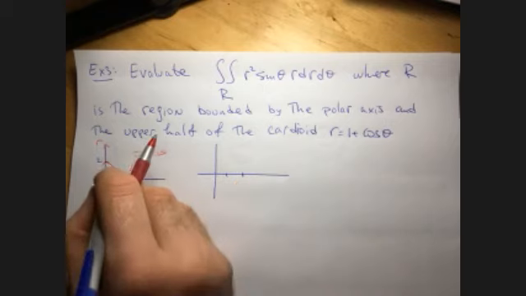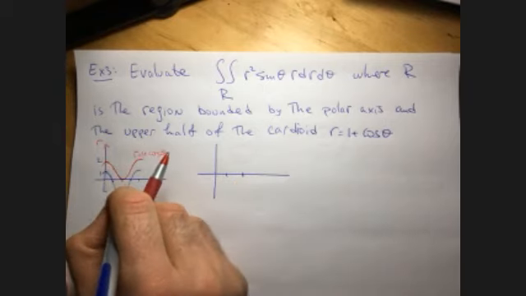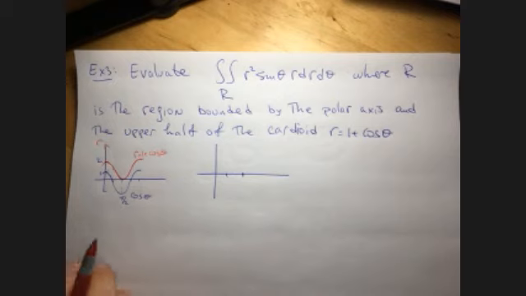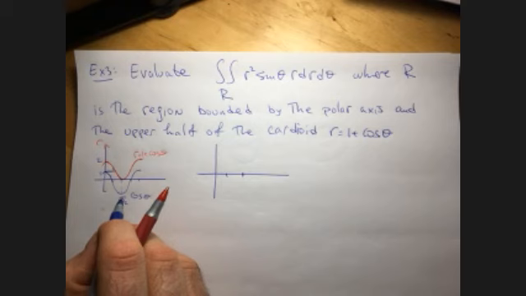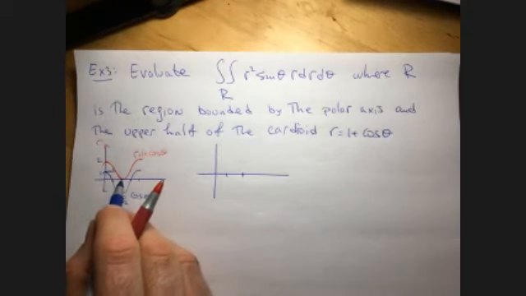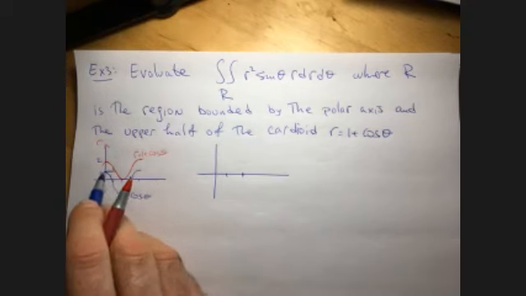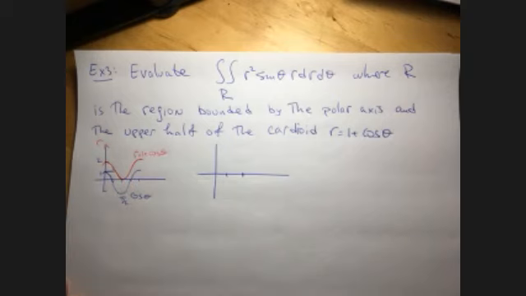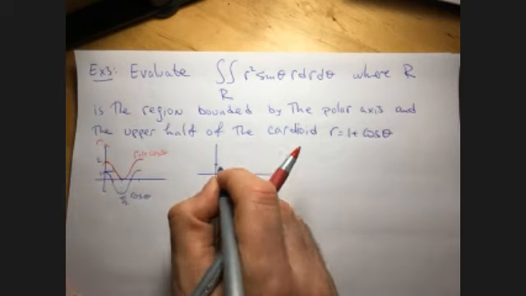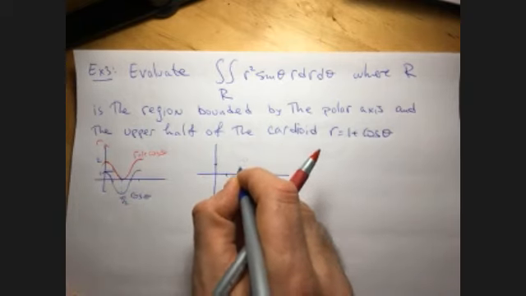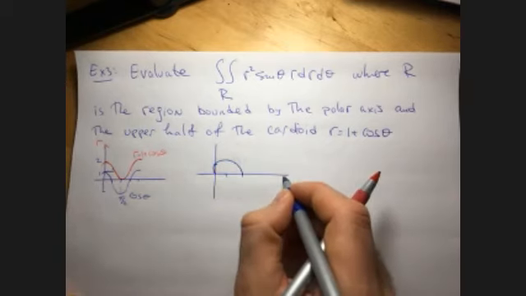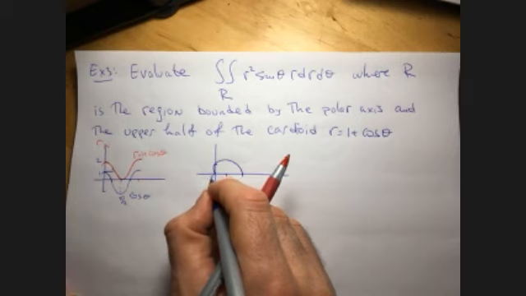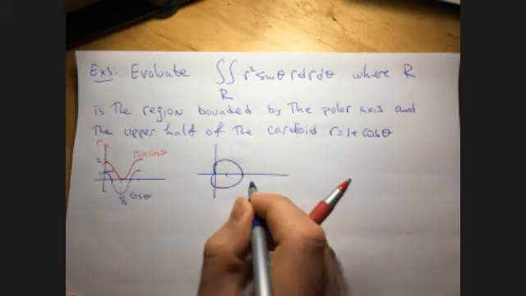And then as theta goes towards pi over 2, okay, the radius shrinks, such that at pi over 2 the radius is 1, so this is the cardioid, right? And then it's symmetric over the x-axis. So it's like this.